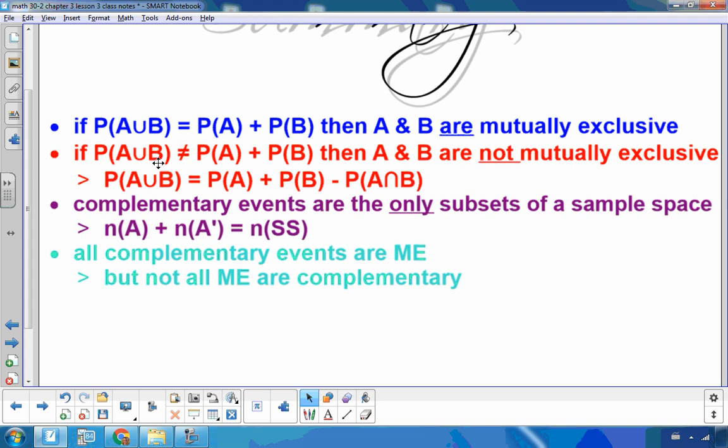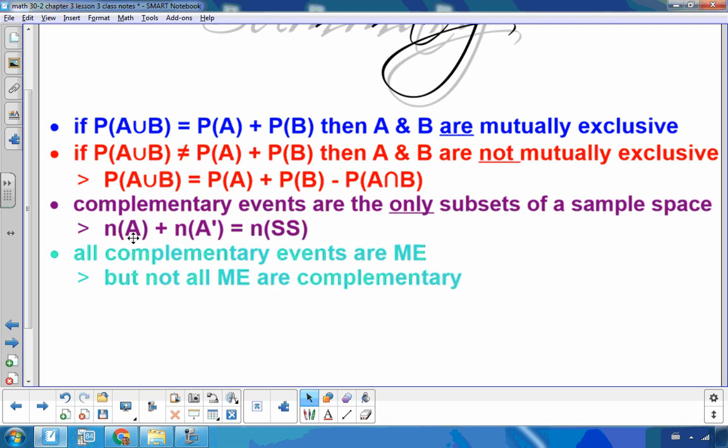So to summarize, probability of A or B is the probabilities added together if they are mutually exclusive. If they are not mutually exclusive, I must subtract the overlap. Remember that complementary events are also a subset of the sample space. So either something happens or it doesn't.